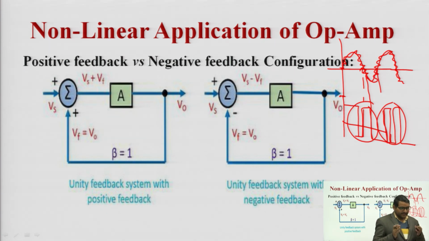In negative feedback, the op amp operates in the linear region, and in positive feedback the op amp operates in the saturation region. Schmitt trigger is basically a non-linear application of an operational amplifier, connected in a positive feedback configuration.